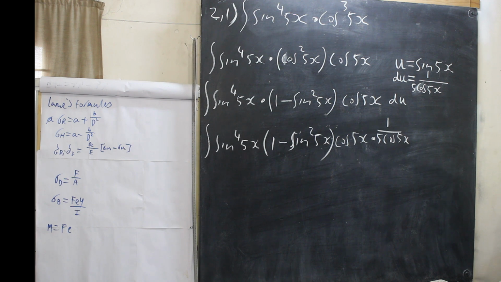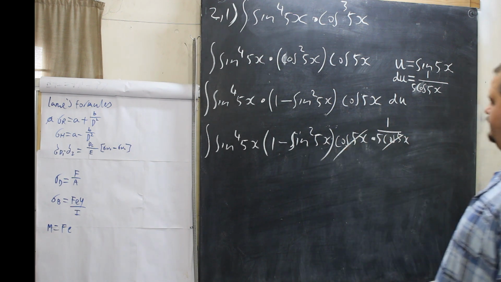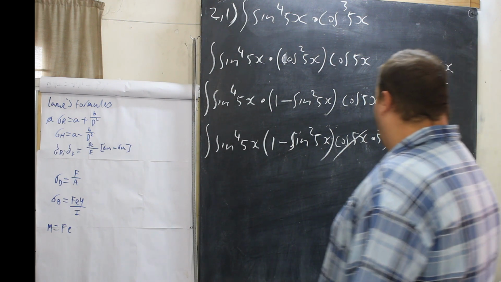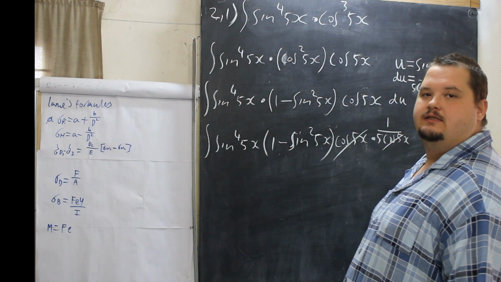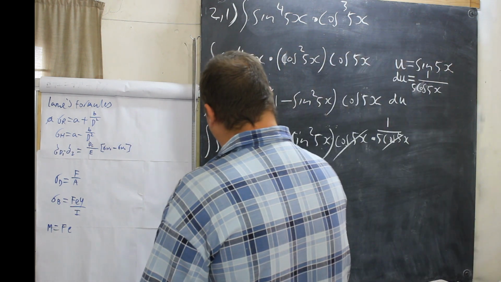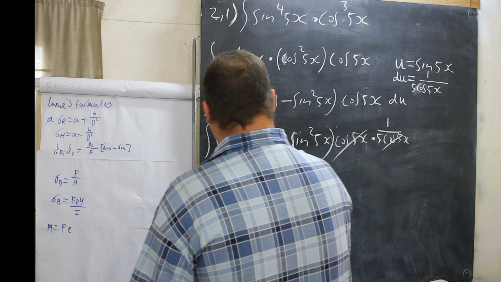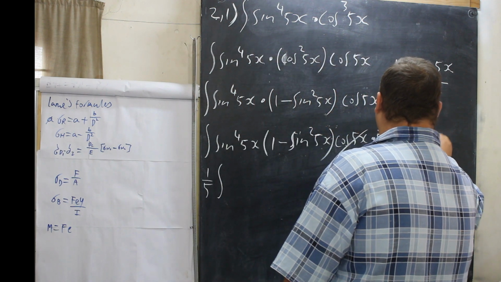Right. So what this does, that and that cancel. So we're left with 1/5. So we take that 1/5 and move it outside the integral sign. So 1 over 5, the integral, now we've got du.